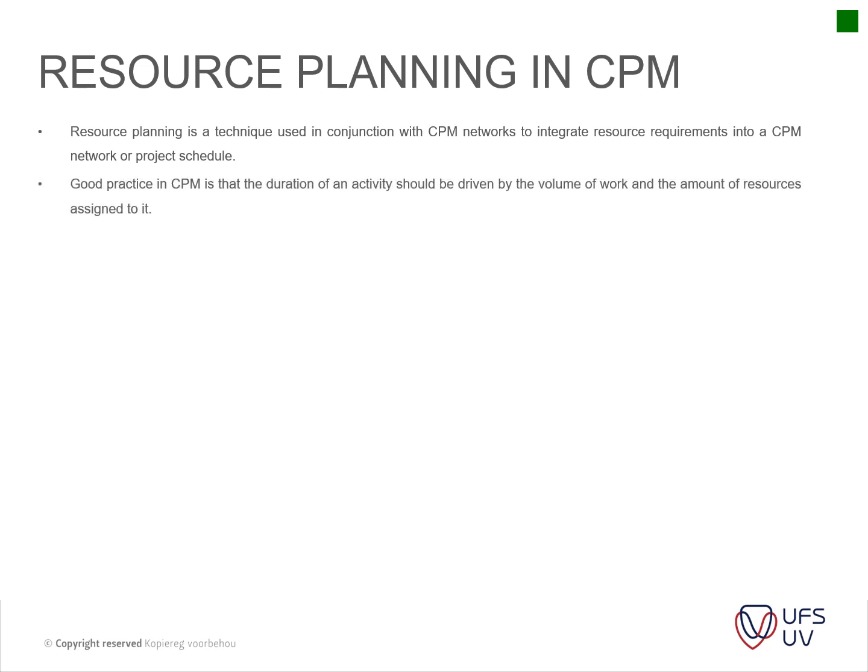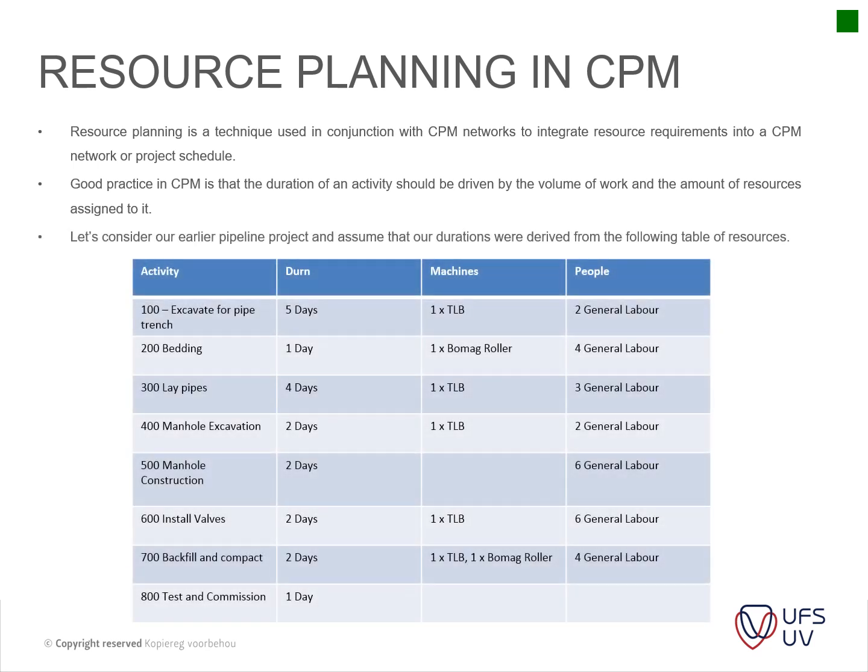Okay, so good practice in critical path method is that the duration of the activity should be driven by the volume of work and the amount of resources available. So here we've got a scenario. Let's consider our earlier pipeline project, and assume that the durations were derived from the following sources.